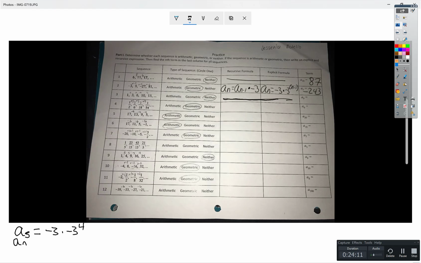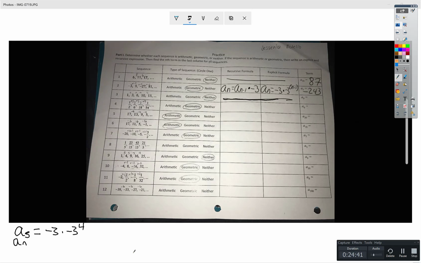All right, and we need to find the 9th term. So the first term is 1, plus 2 is 3, plus 3 is 6, plus 4 is 10, plus 5 is 15. So the next term is plus 6. So that's 1, 2, 3, 4, 5. It's a 5th term, 15 plus 6. So the 6th term is 15 plus 6.